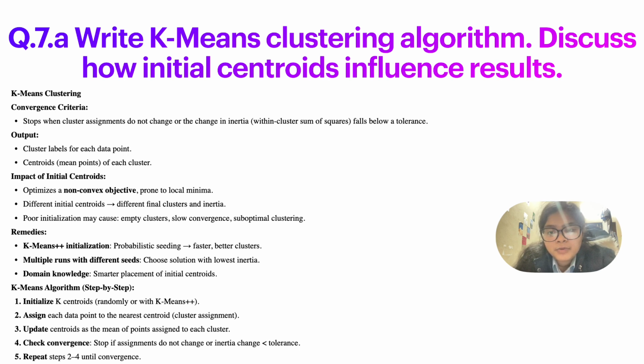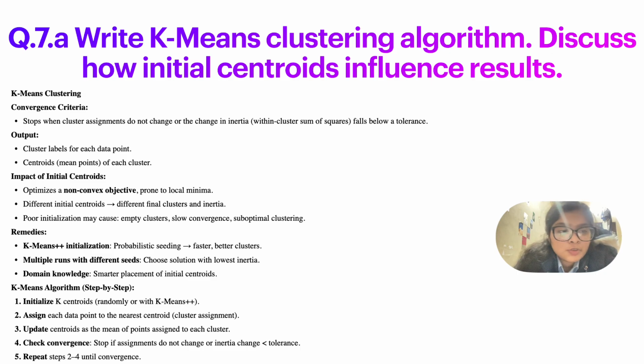After that, we calculate the mean of the assigned points, choose new centroids, and again assign points to the nearest centroid. We stop when the assignment is unchanged or similar.